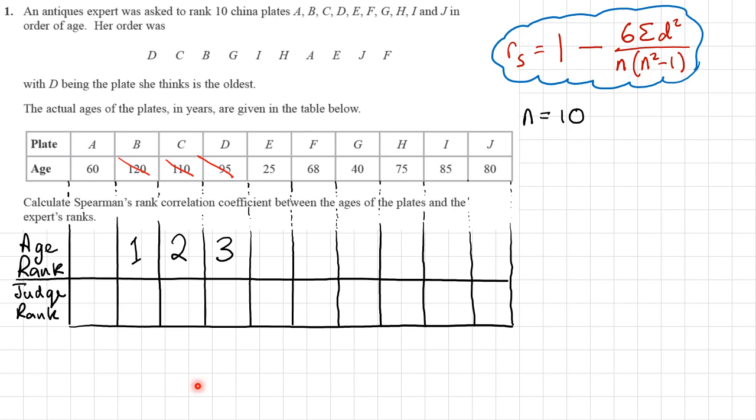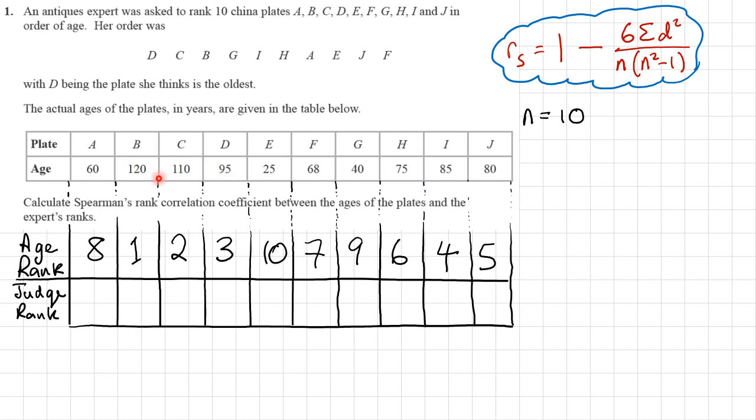Next it looks like the one which is 85, so that's going to be 4, and then 80 will be ranked number 5, and then after that 75, so that'll be ranked 6, and then 7 here, and then 8, and then 9, and then 10.